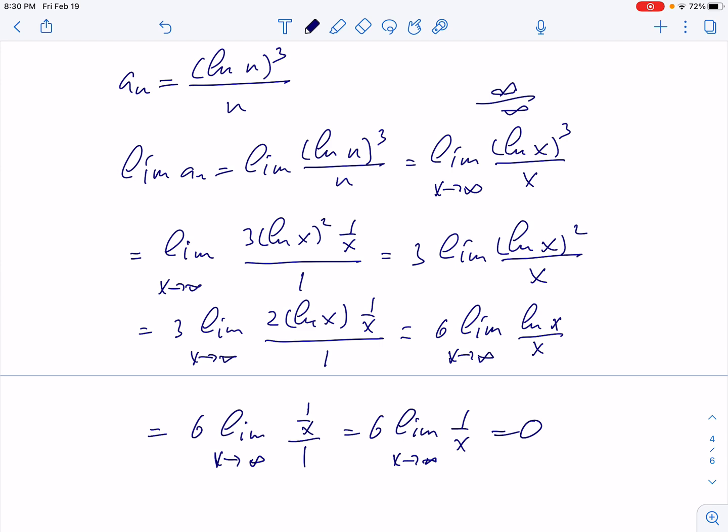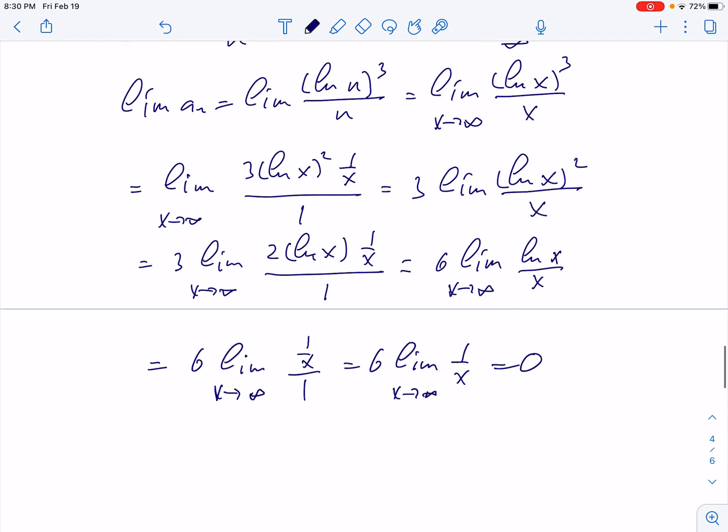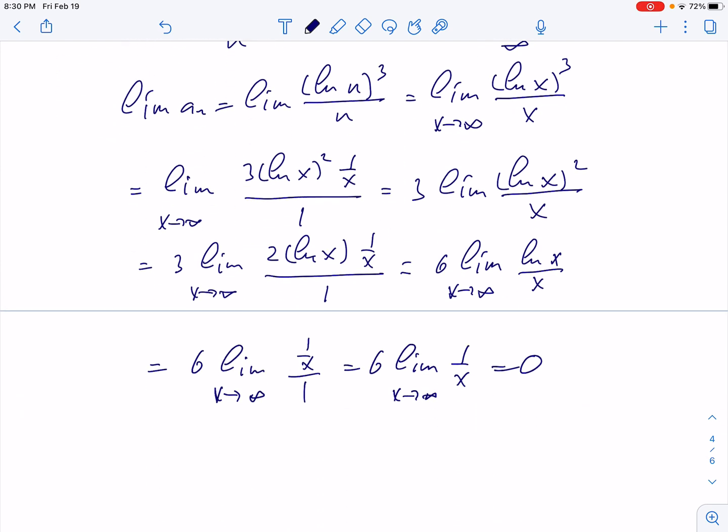So using L'Hopital several times, we computed that the limit is 0. So let's write this again. The limit of natural log of n cubed over n equals 0.